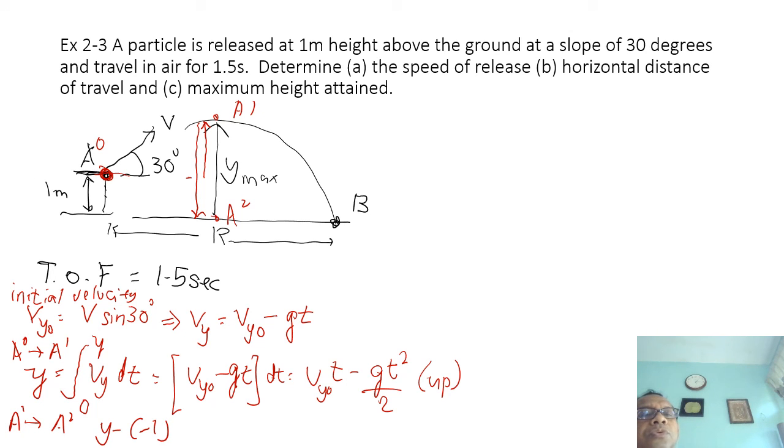So it's y plus 1 equals the same kind of travel now. So Vy naught t minus gt squared over 2.